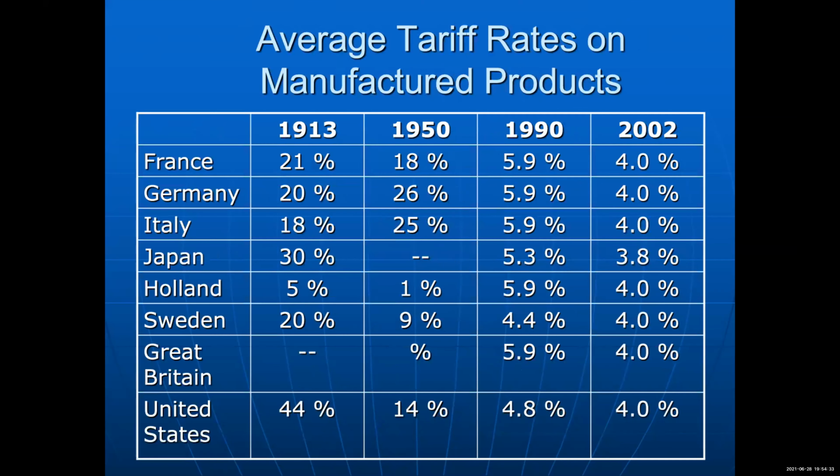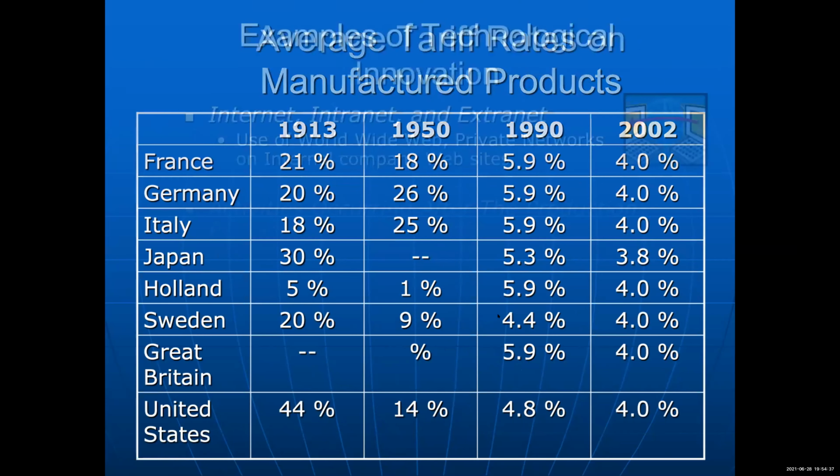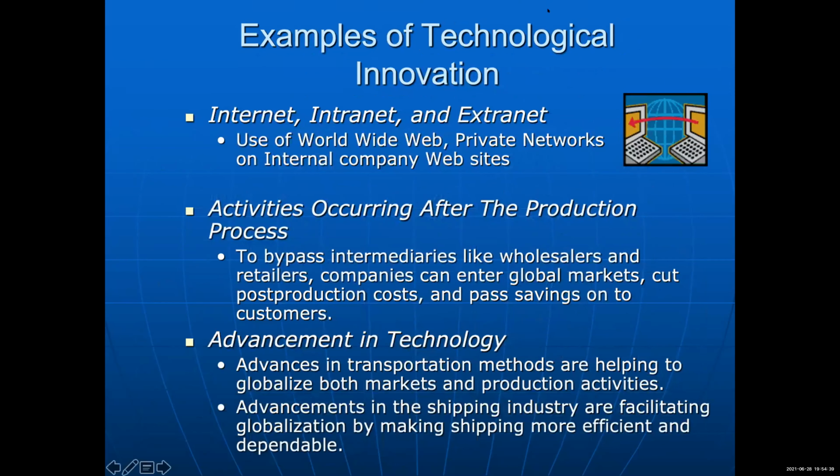And they're just showing you the average tariff rates. You don't necessarily need to know the granular details of this. So examples of technological innovation: internet, intranet, and extranet. These are things that are now impacting international trade. Activities occurring after the production costs, to bypass intermediaries like wholesalers and retailers.